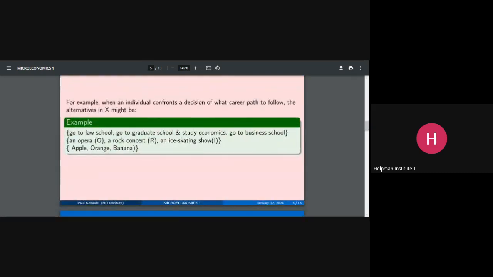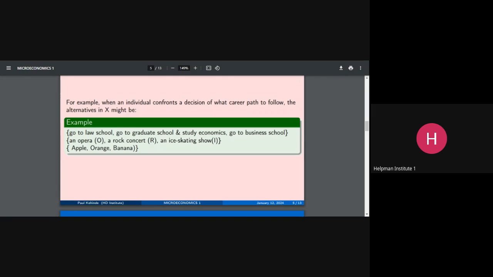Like this is a set of an individual who wants to go to law school. Another of his alternatives is to go to graduate school and study economics. Another of his alternatives is to go to business school. This person has three alternatives in a set, and this is a set of preference. So it can be denoted by capital letter X or by any symbol.